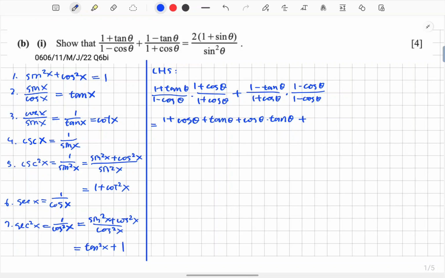Because the denominator is the same, we can directly add. Now this one. Then this. Then this. Then this.